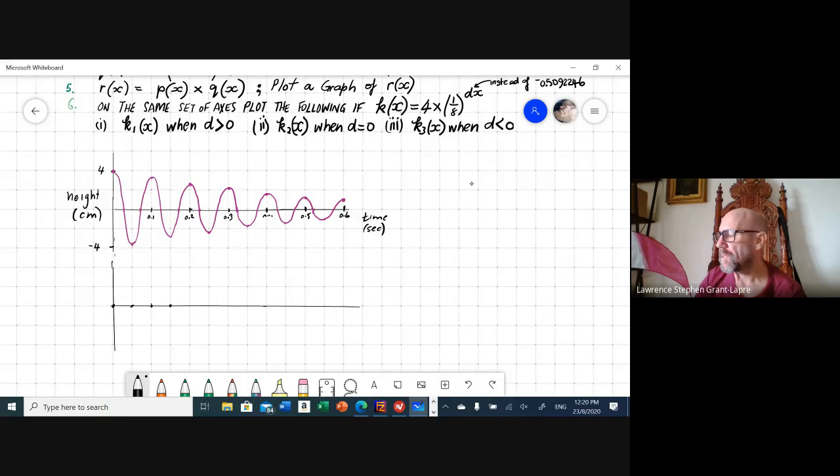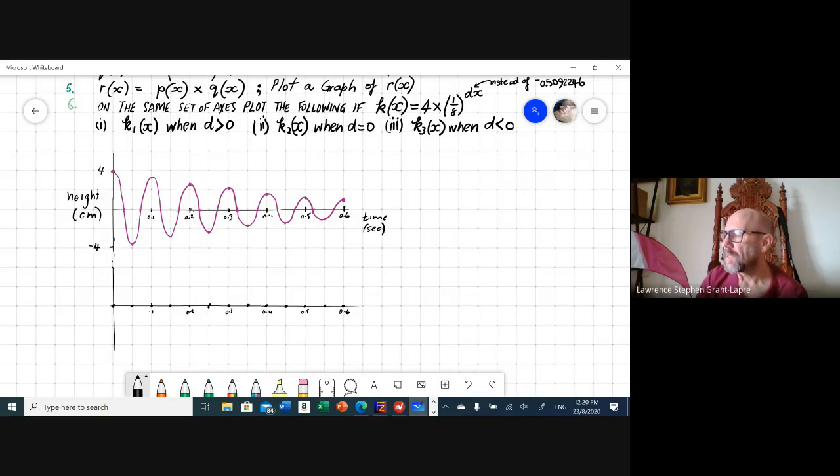Every time it turns, it's turning on the x, so it's a 0 value. The derivative is 0 at the turning points. So these are the 0 values. 0.6, 0.5, 0.4, 0.3, 0.2, 0.1.